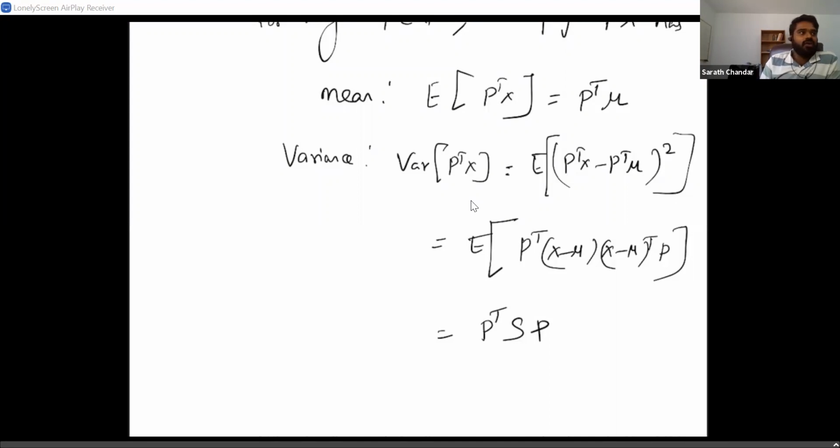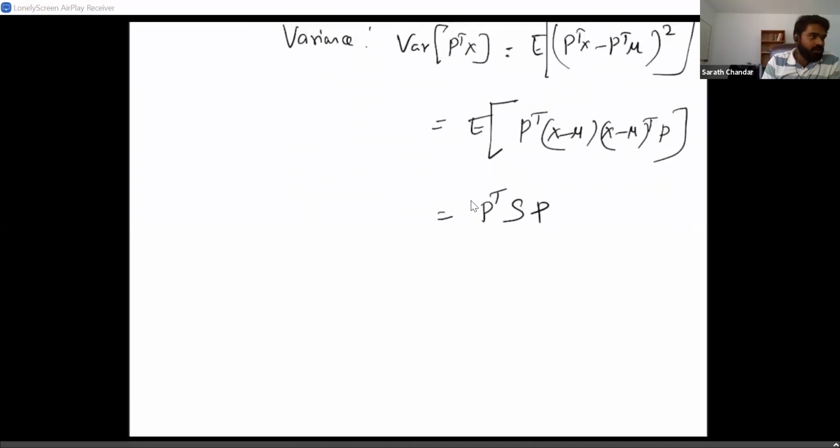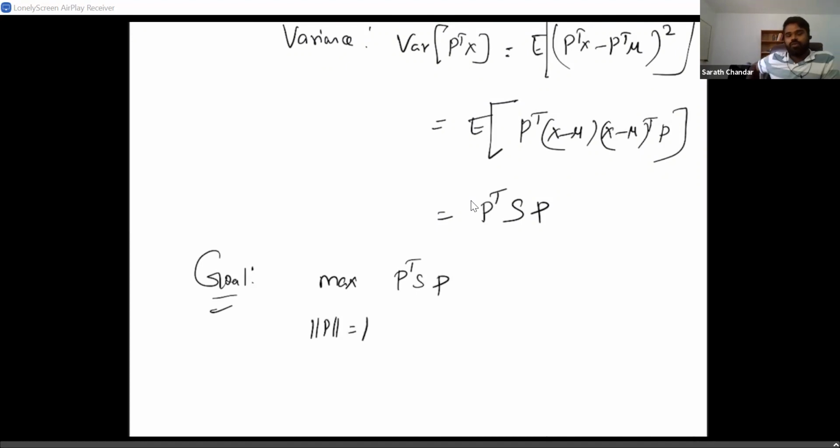So now our goal can be mathematically written as: I want to maximize the projected variance, so I want to maximize p transpose S p such that the norm of p is equal to 1. Probably I will do this maximization step after the break.